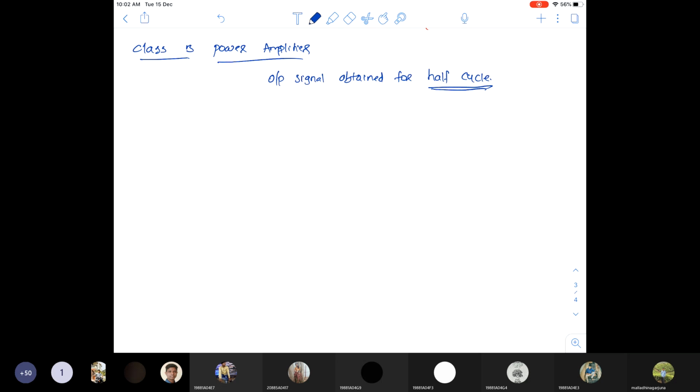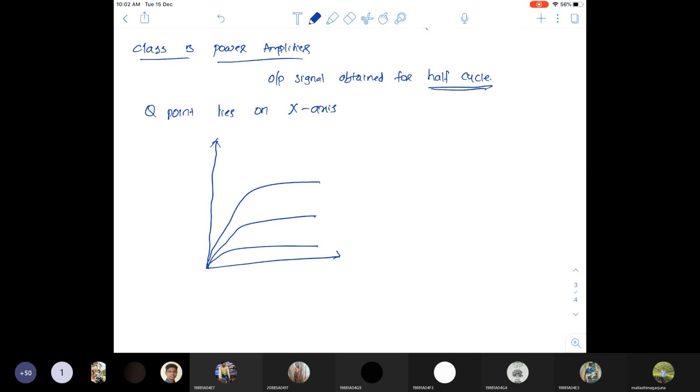For this, the Q point lies on the x-axis.